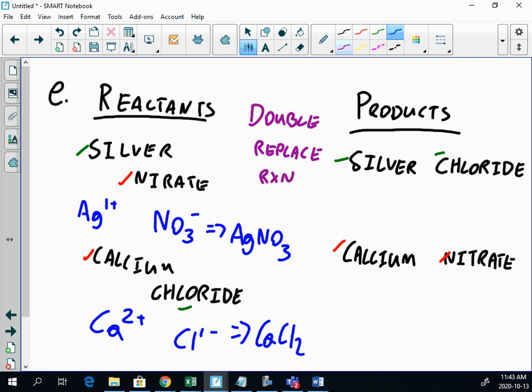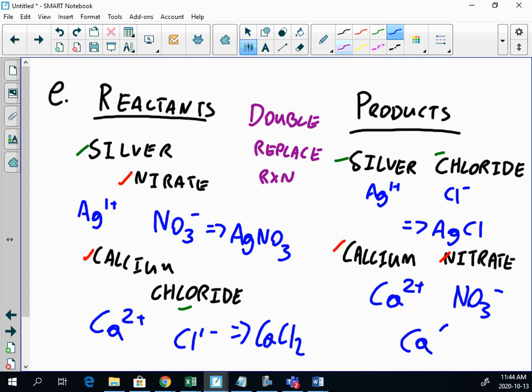Once again, silver is Ag+, and chloride is Cl-. So I get AgCl. And then calcium is Ca2+, nitrate is NO3-. So I get Ca with 2 nitrates, NO3 in brackets, 2.